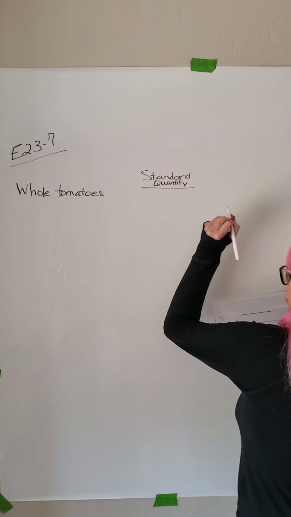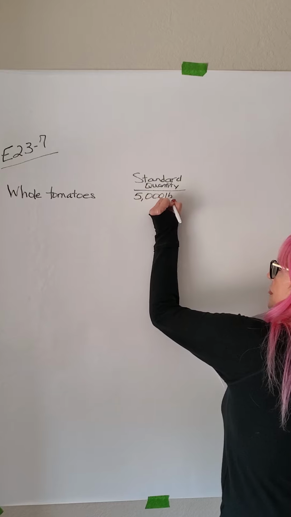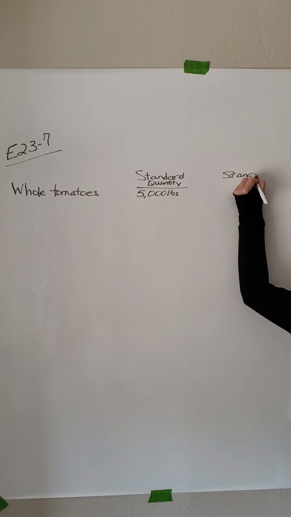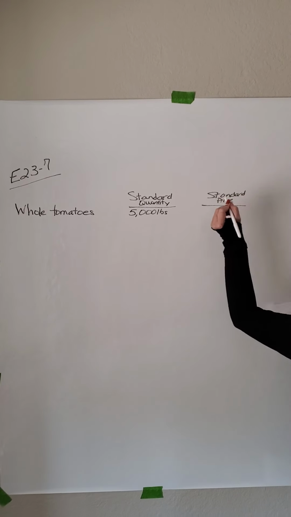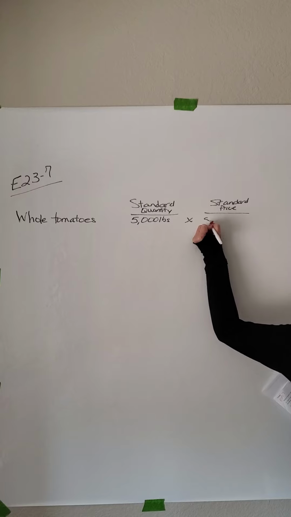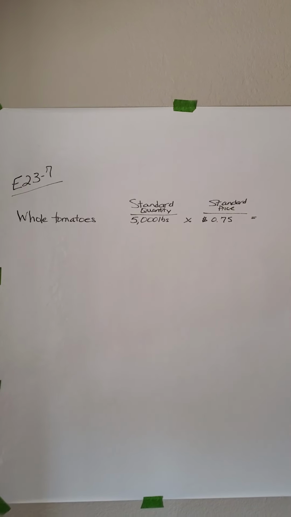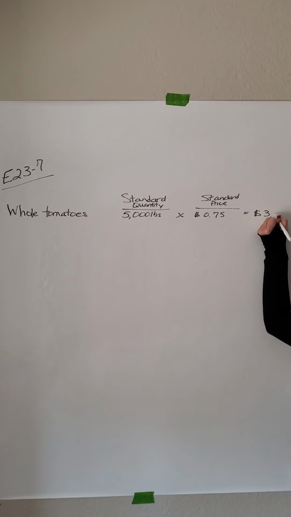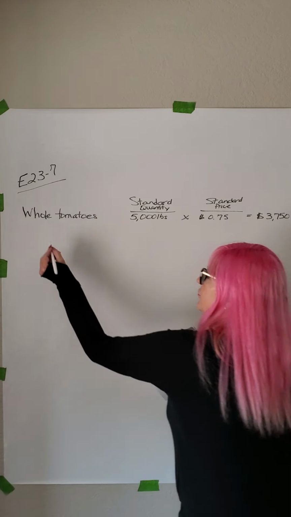The standard quantity for a batch is 5,000 pounds of tomatoes, and the standard price, they tell us, is 75 cents per pound. So that's going to give me a standard cost per batch of whole tomatoes of $3,750.